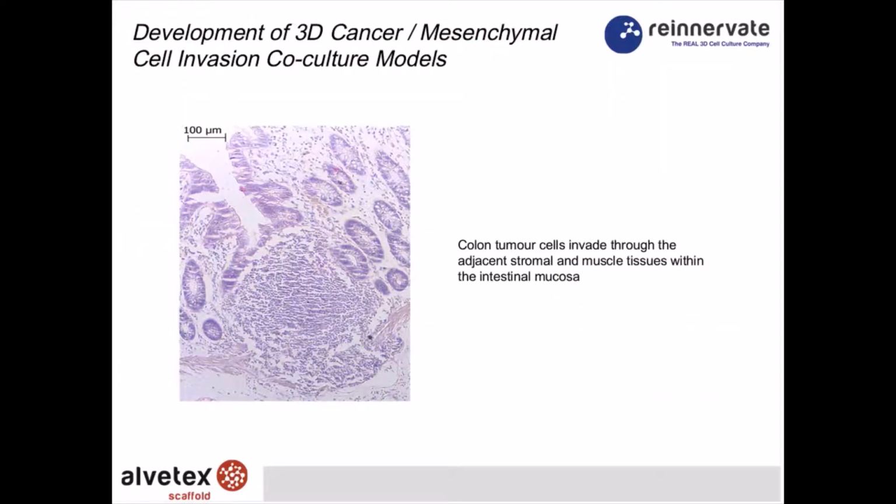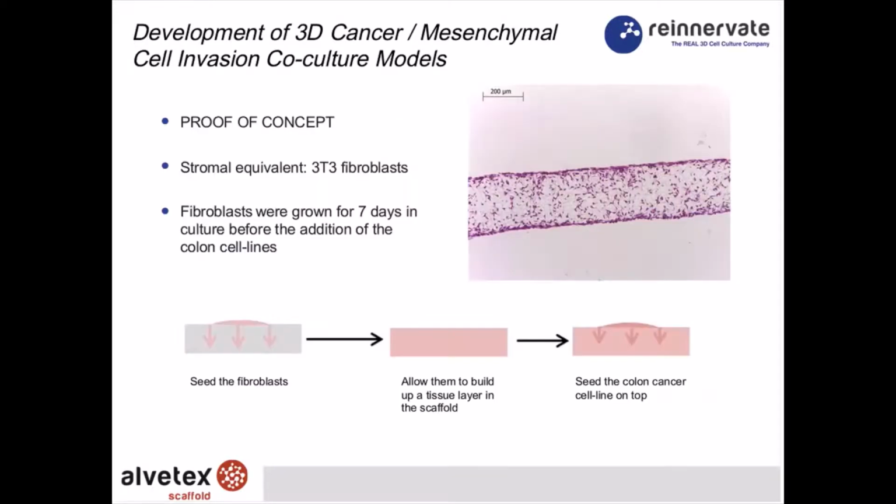I mentioned the fact that the tumor cells are invading the surrounding tissues, and we can now consider how we can use our Alvetex technology to study this process. We've been doing this for a proof of concept study involving co-culture of fibroblasts with the tumor cells. Initially we've been using 3T3 fibroblasts to mimic the stromal tissue.